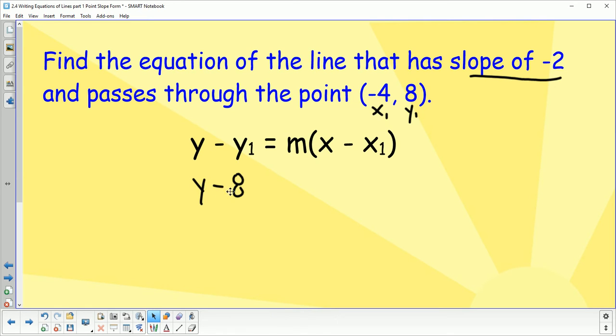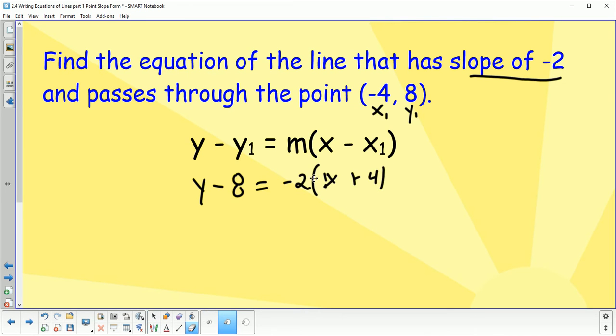So y minus 8, remember this is always opposite, equals, we plug in our slope value that you're given, -2. Keep your variable x. And then because x sub 1 is a negative, we could write this as minus a -4, or the other option here, since it's minus a negative, we could write it as plus 4.